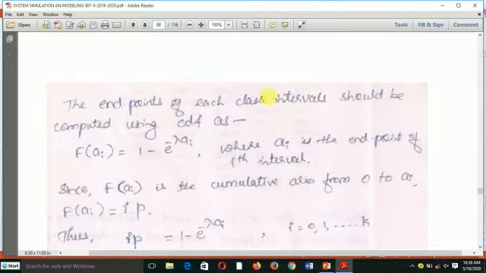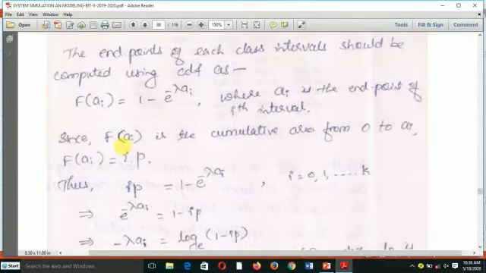To calculate the end of a class interval, we use ai equal to the end point of the i-th interval, for example a1 is the end point of the first interval.